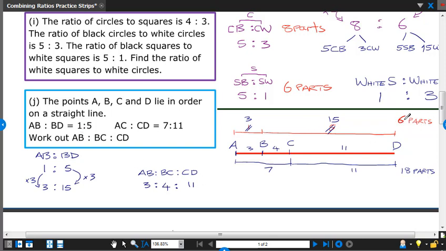So the whole key was converting 6 parts into 18 parts, it's like a fraction. Okay, let's say you had something like 13 over 18 versus, whatever, 4 over 6, which is bigger? Well, you convert them to the same denominator, right?